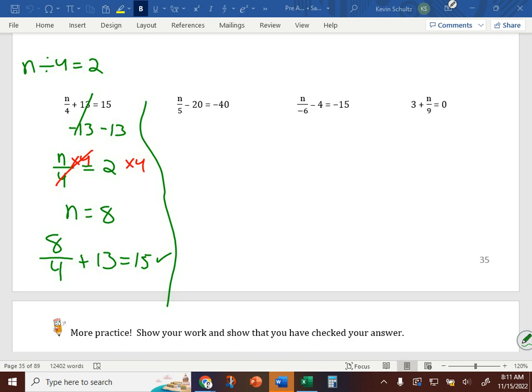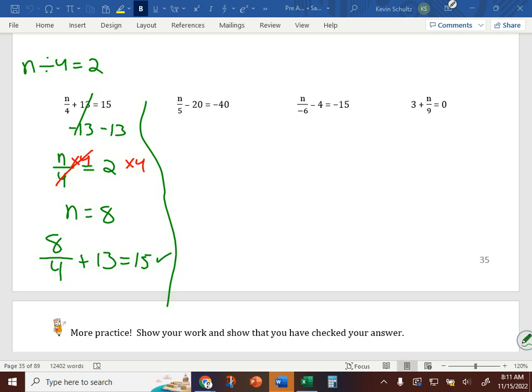Be looking at those operations and you want to undo them. And then make sure you check your answer also. Just make sure you did it correctly.